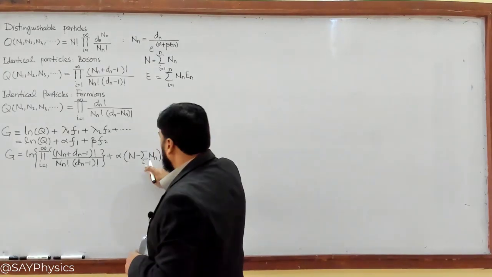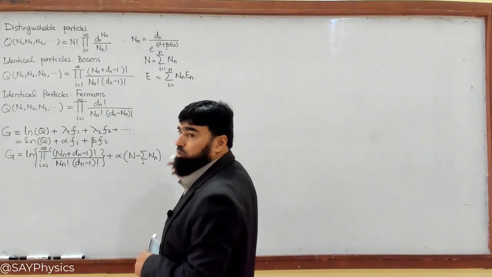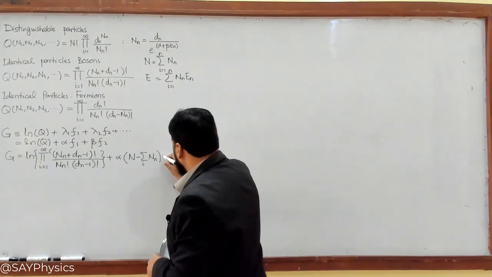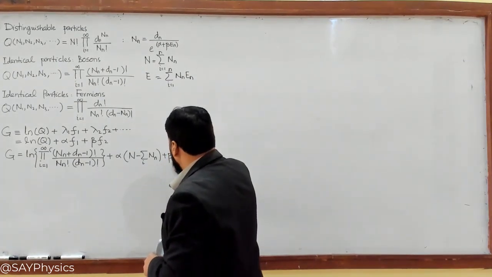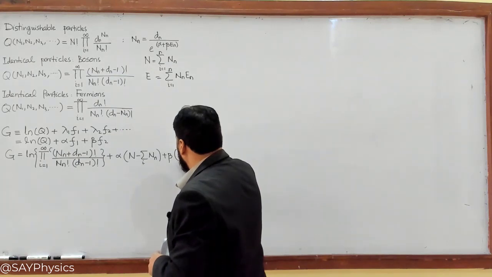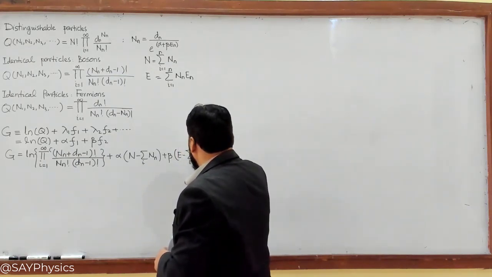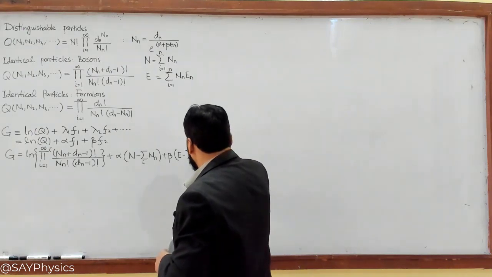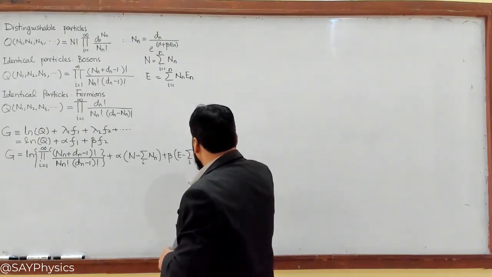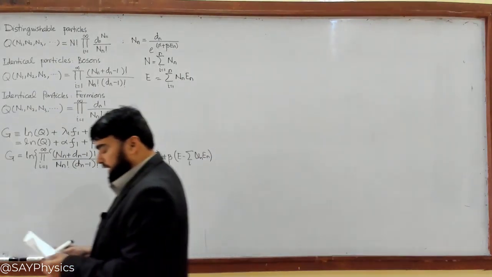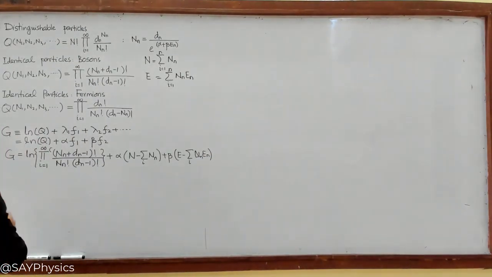This is clear that i is running from 1 up to a number n or up to infinity, and plus beta, and here is E minus summation on i of n_n E_n. So this is our G, and now we will calculate this one.